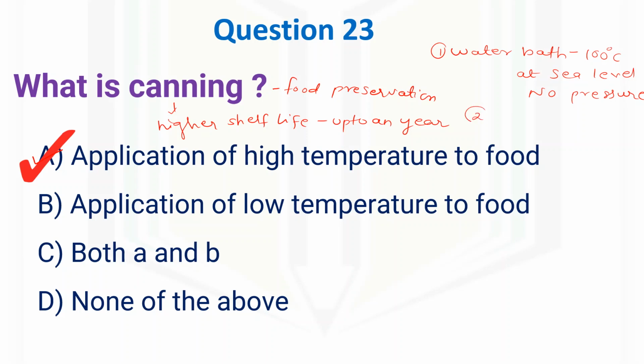Second one is pressure canning, where a temperature of around 121 degrees Celsius is applied at a pressure of 10 to 15 psi, that is pound per square inch. This pressure is applied at sea level. So if we increase the temperature and the pressure conditions, it will remove most of the spore forming microorganisms. The water bath will only kill the viable pathogenic microorganisms.